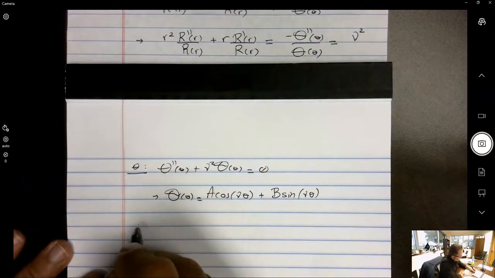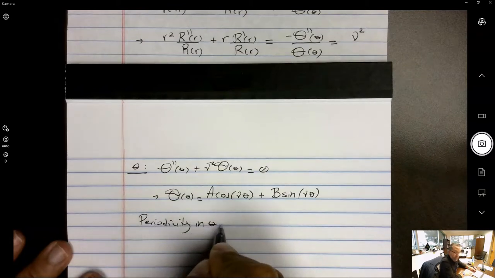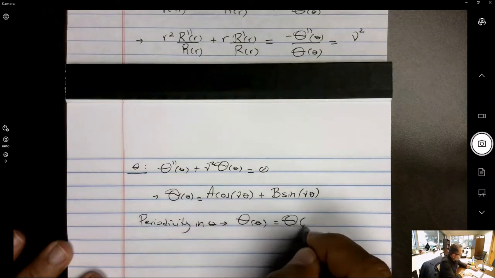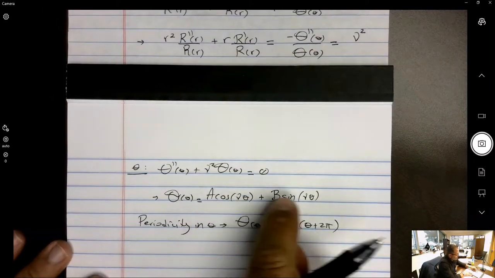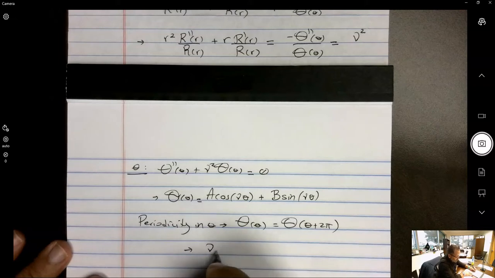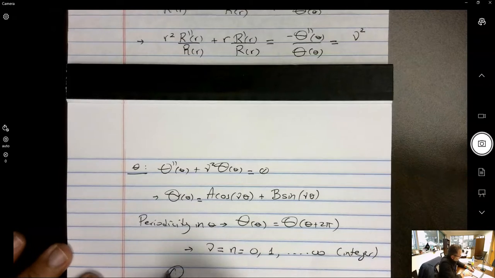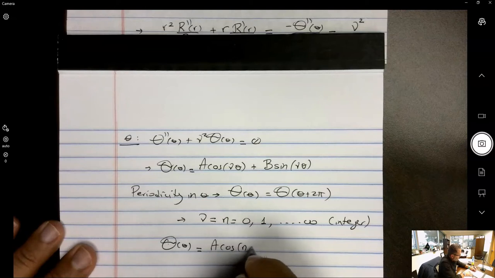If we apply periodicity in theta, which means that the solution at theta should be equal to the solution at theta plus 2 pi, the only way this will be possible is if nu is an integer from 0 to infinity. So the solution in theta boils down to a cosine of n theta plus b sine of n theta.